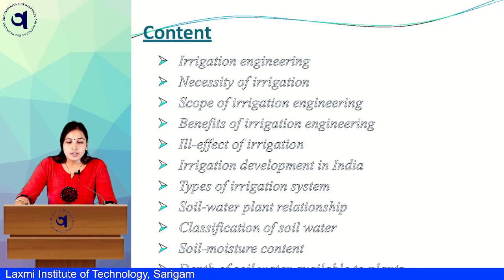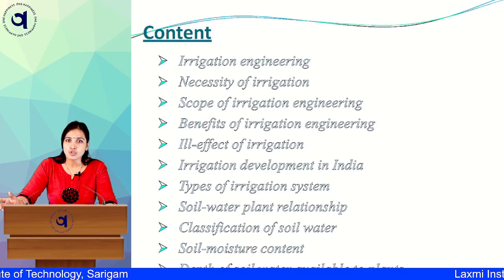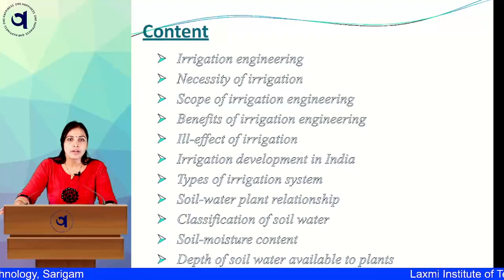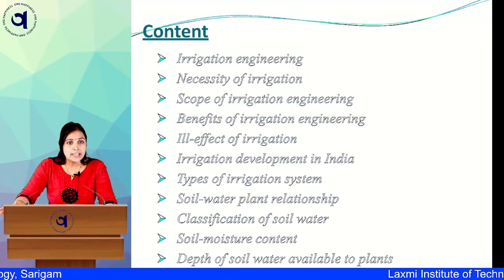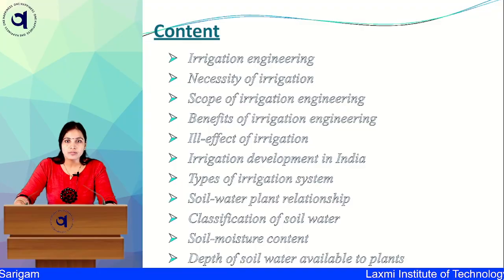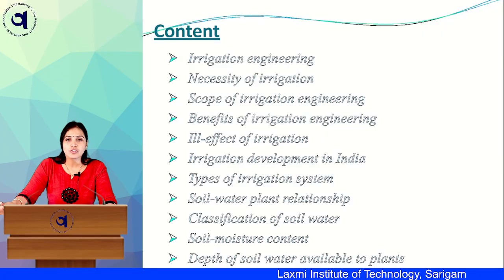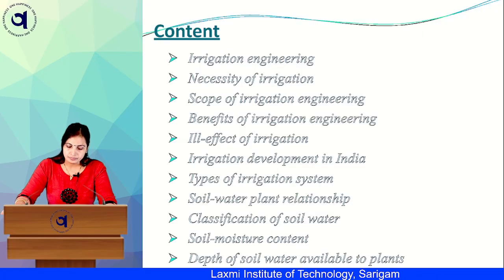The content in the lecture is: what is irrigation engineering, the necessity of irrigation, the scope of irrigation engineering, its benefits, its ill effects, that is demerits, how irrigation development in India is done, various types of irrigation systems, soil water plant relationship, classification of soil water, soil moisture content and depth of soil water available to plants.